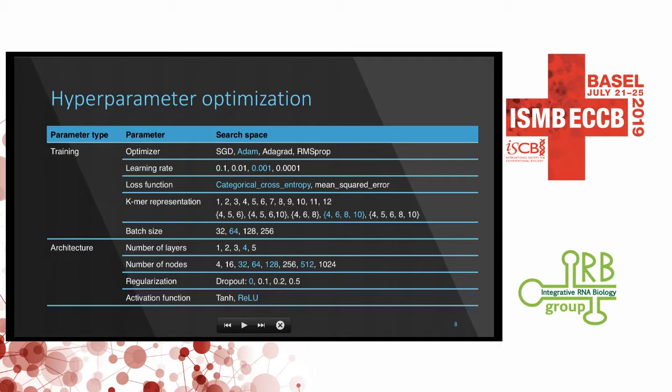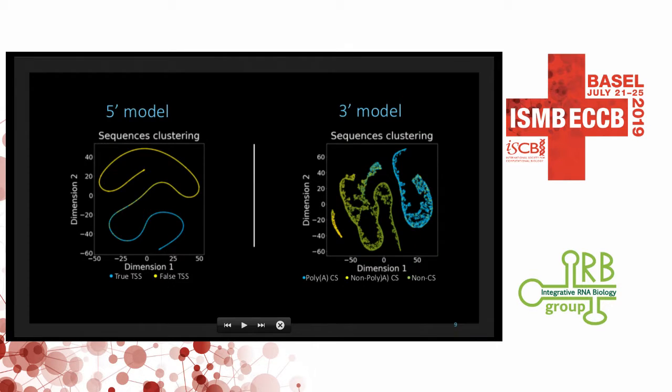Then we performed an extensive hyperparameter combinations search to optimize our model through five-fold cross-validation. Here it's simply showing how our model is able to group sequences with different labels separately.